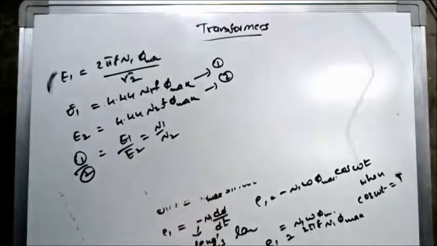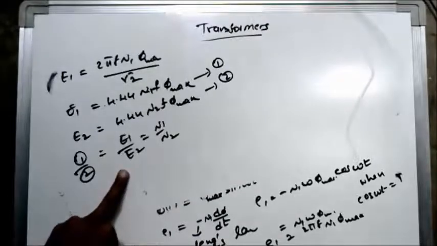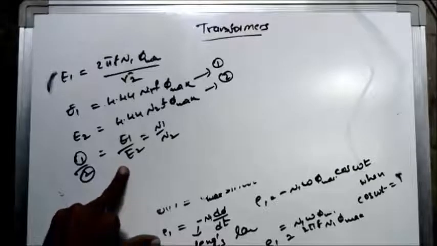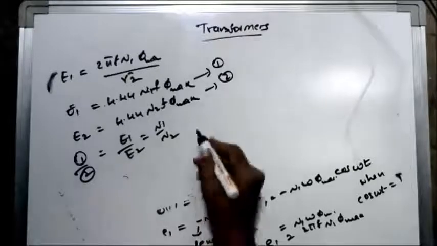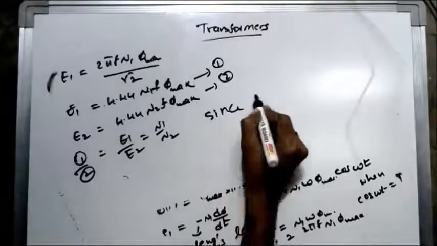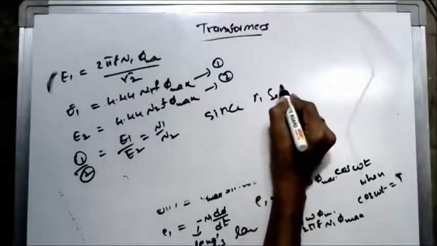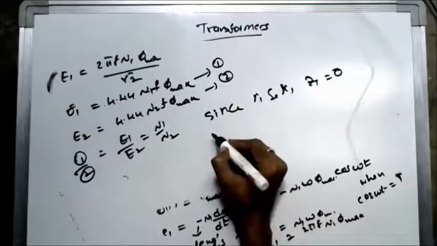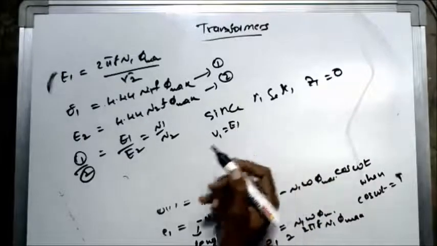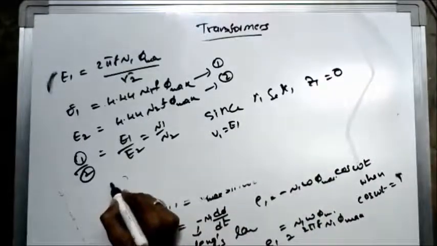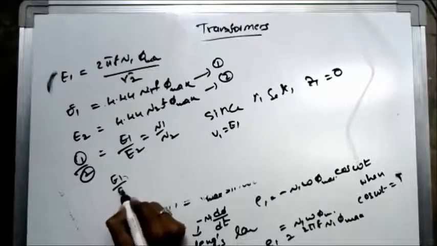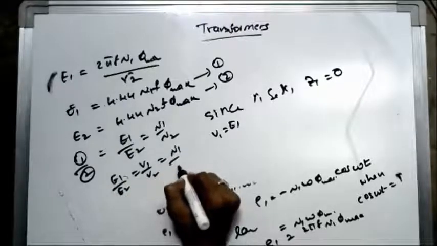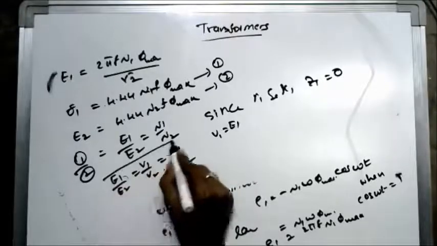This is one of the famous equations required to solve transformer problems. Since R1 and X1 are zero, so Z1 is equal to 0, V1 is equal to E1. So E1 by E2 is equal to V1 by V2 is equal to N1 by N2. This is one of the equations.